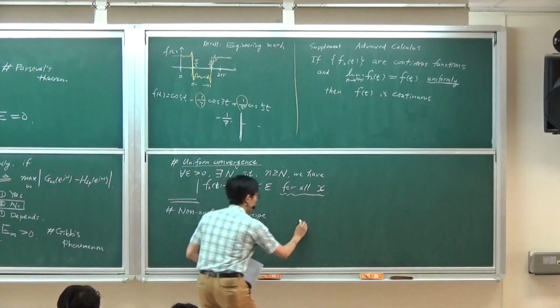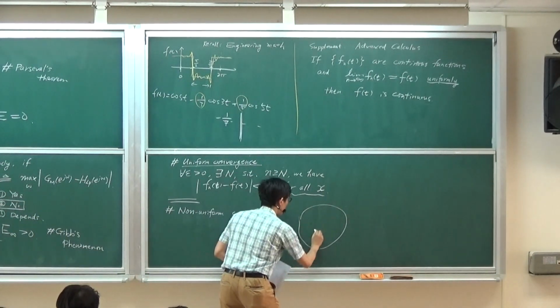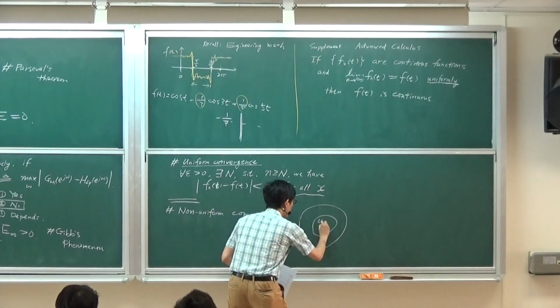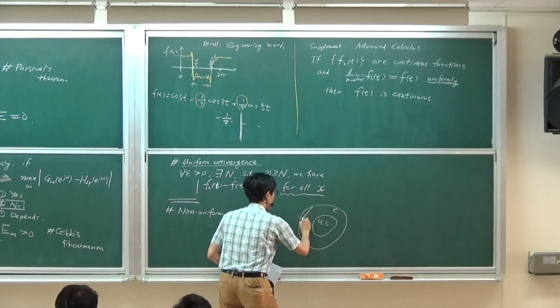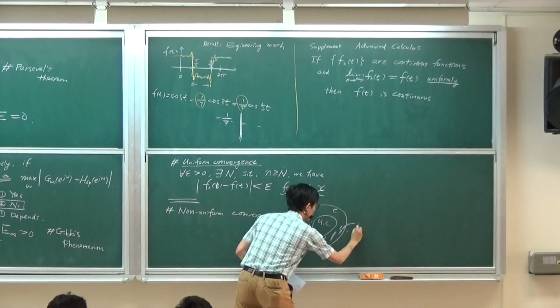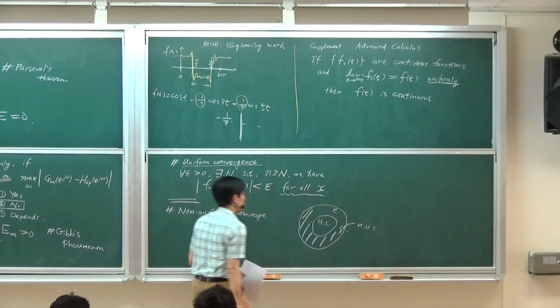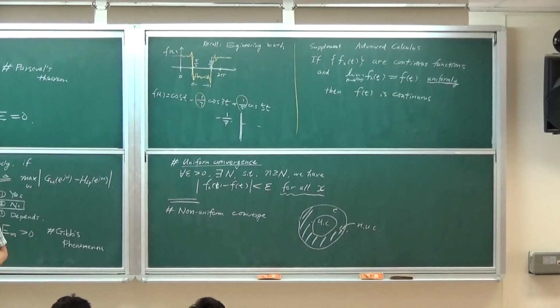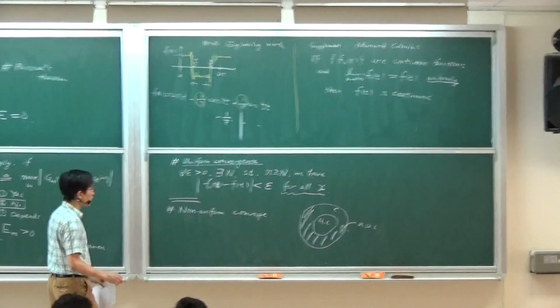So there are different situations: convergence, uniform convergence, and non-uniform convergence. How do you make the statement? How do you define non-uniform convergence? Let's try.